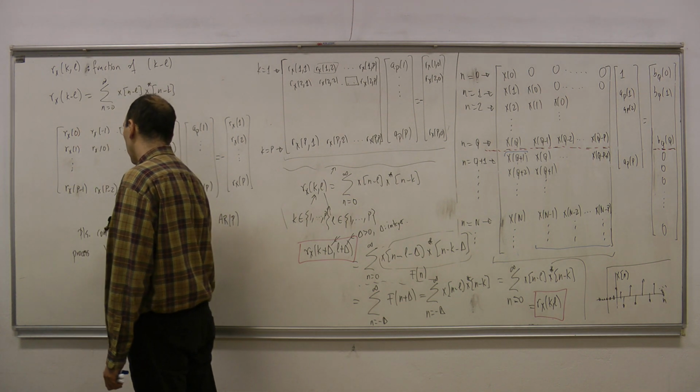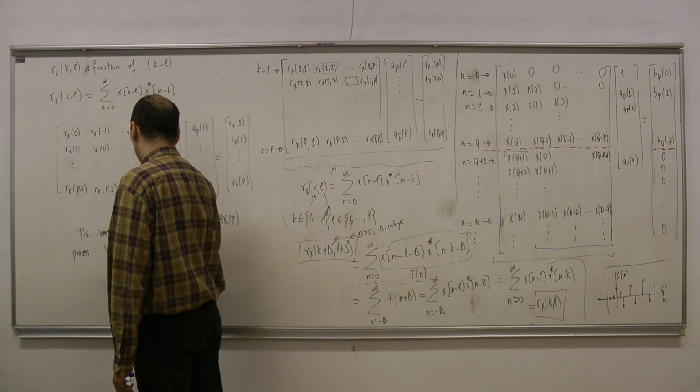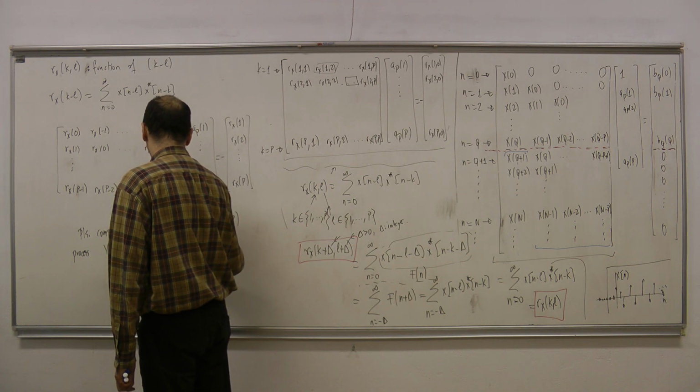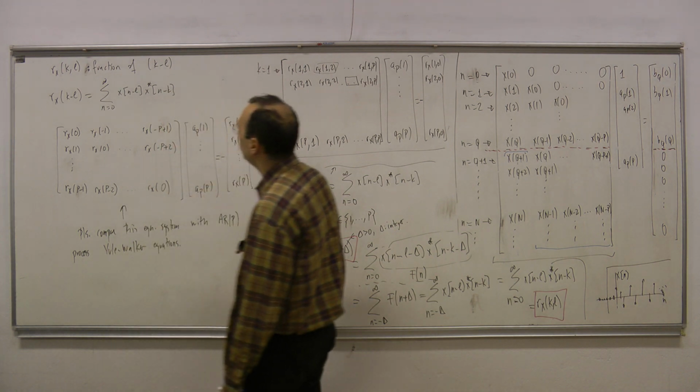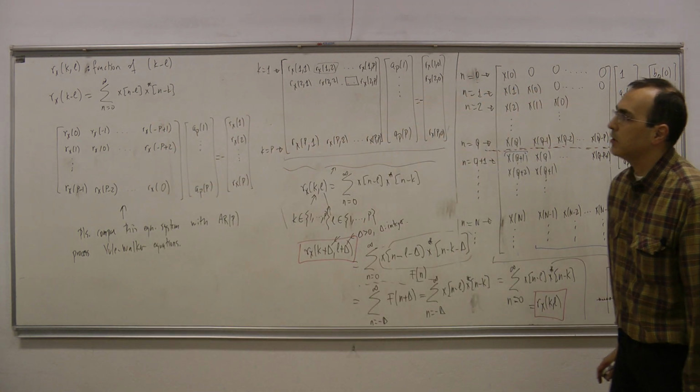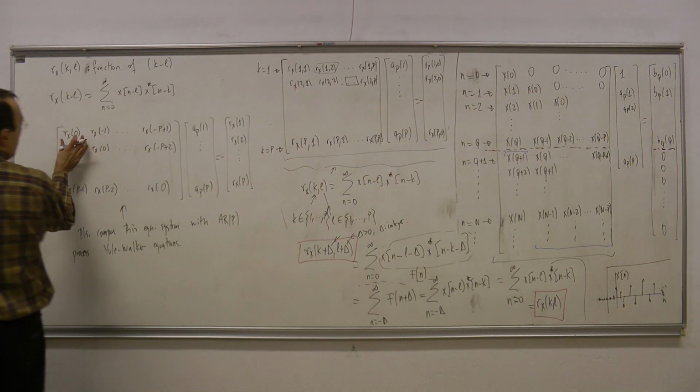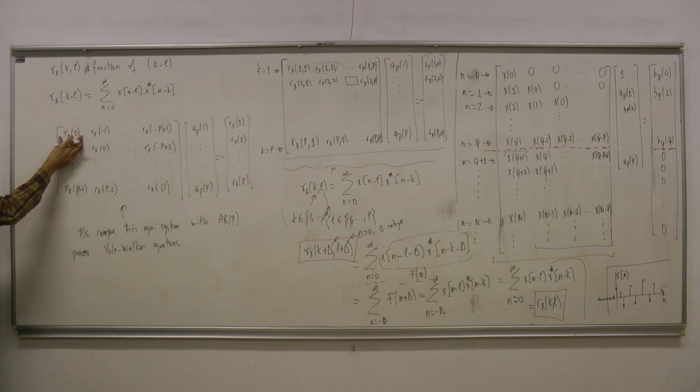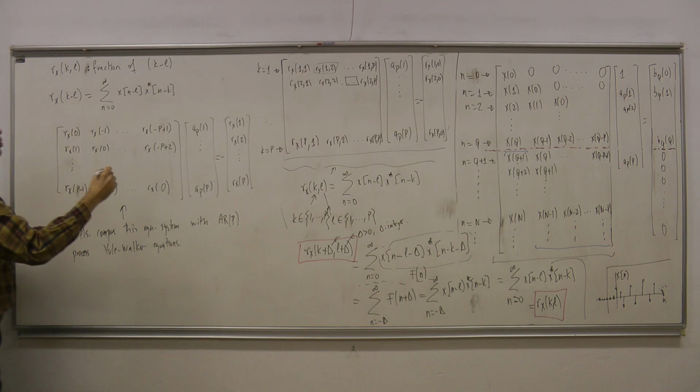This is the Yule-Walker equations. The only difference is that those R's were the expected values, calculated according to expected value results. But this one is a deterministic autocorrelation.